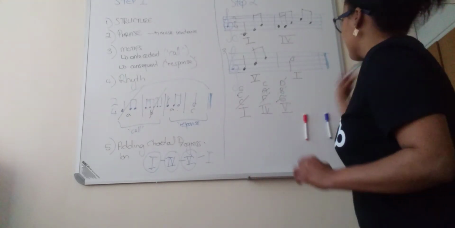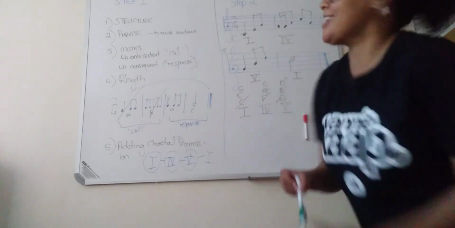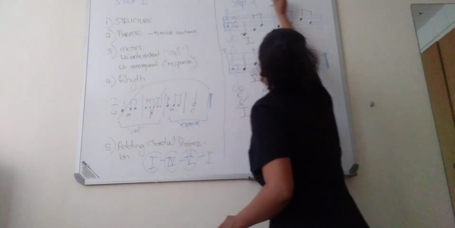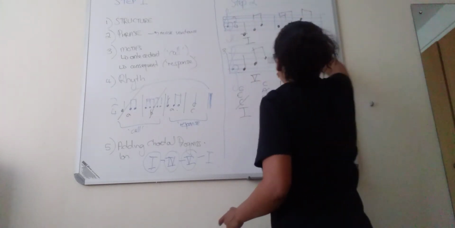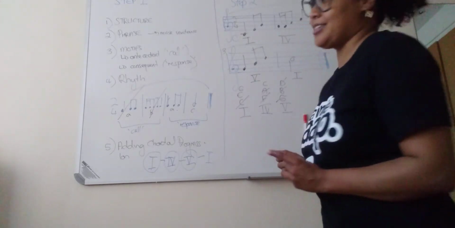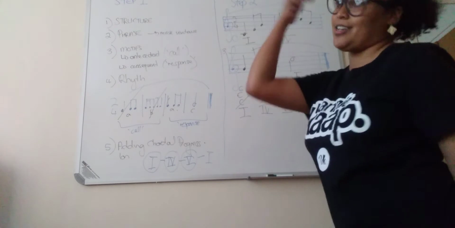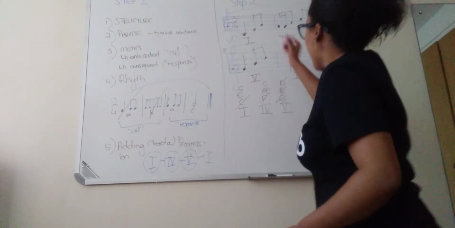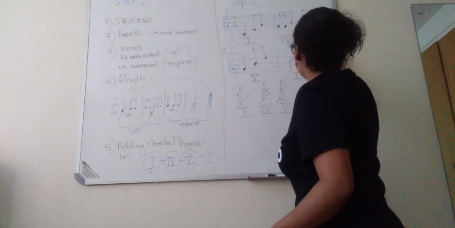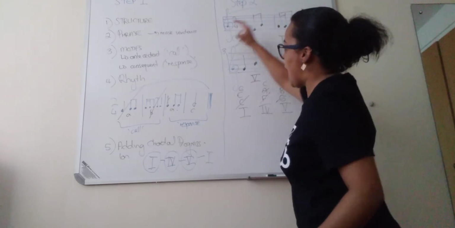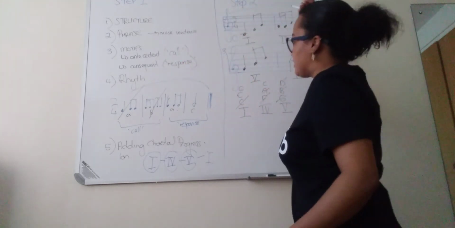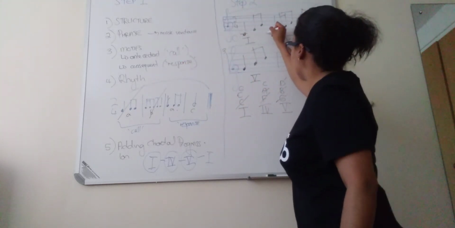So, the phrase, I'm going to use a green cookie. Basically this whole 4-bar music, I would say that's your phrase. Then, using the red cookie, I'm going to indicate the first 2 bars. I would say that is your antecedent motif.